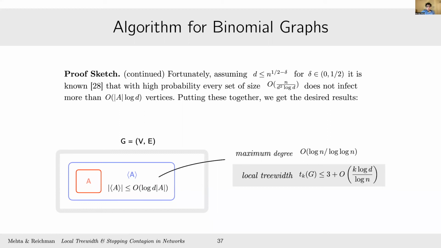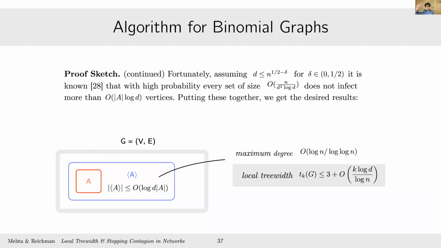Putting all of this together, we can get the desired result in the following steps. First, remember, we have some set A of size k, and now we consider bracket A, which is the set of all possible infections from A. We've shown from the bounded spread property that this set has size at most O(log D) times the size of A.